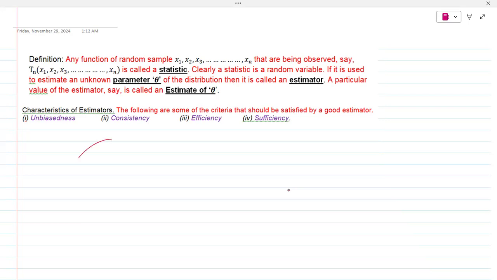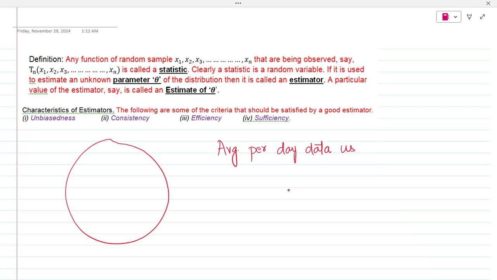Example: suppose the very first example, that I want to estimate the average data usage per day per person for, say, New York City.